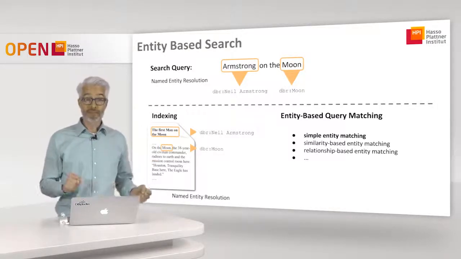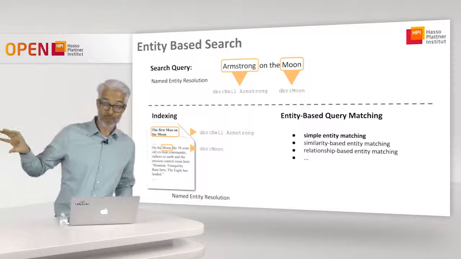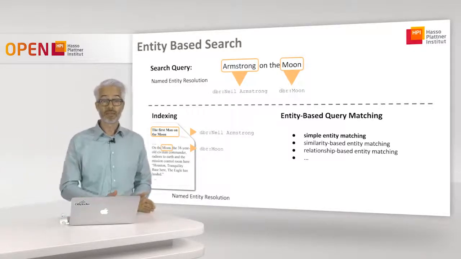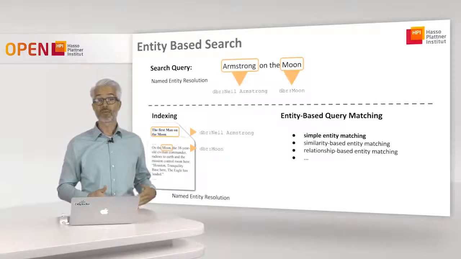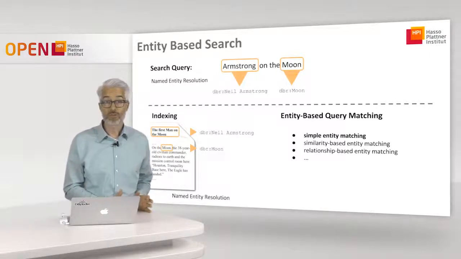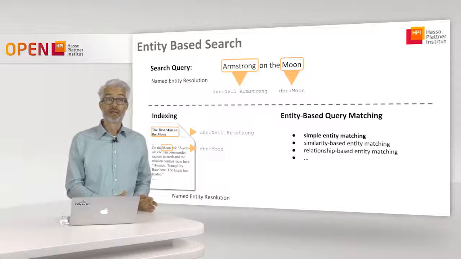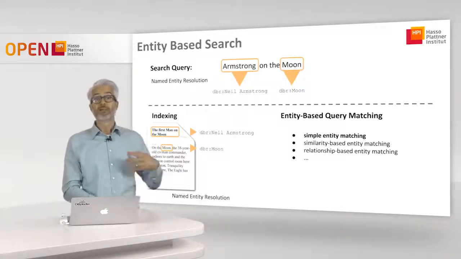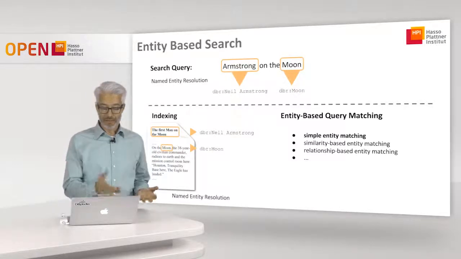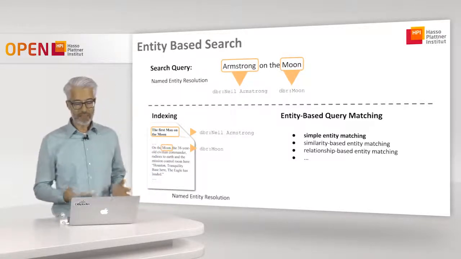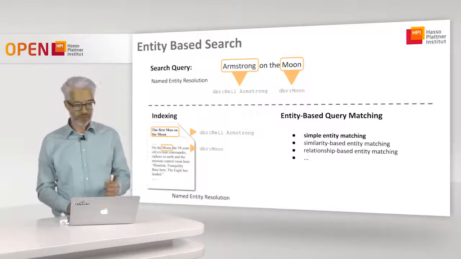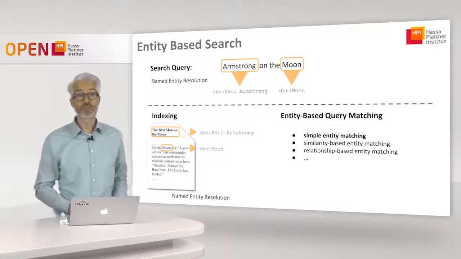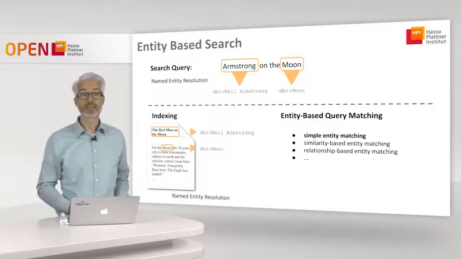On the back-end side, I also have my search engine, and the search engine must have performed, during the indexing process, a named entity resolution on the text documents that are available. In the example you see here, we have a document that has been annotated with Neil Armstrong for a string that has been found, the first man on the moon, which is mapped in a knowledge base to the DBpedia entity Neil Armstrong.